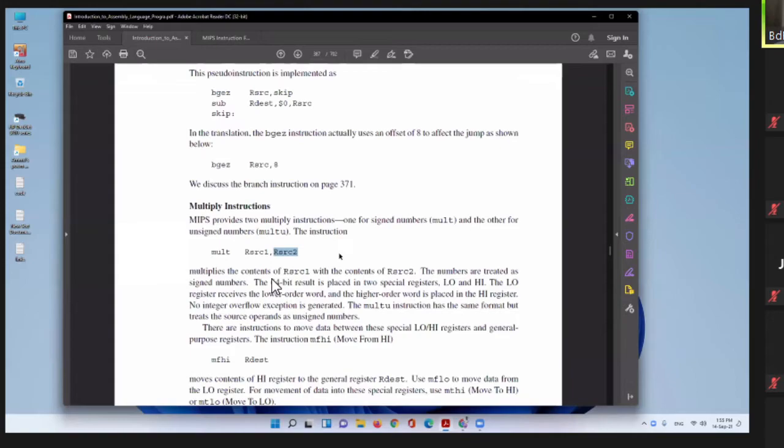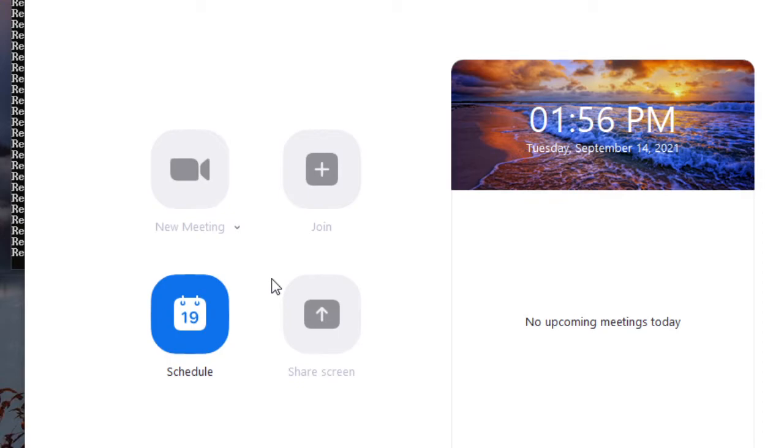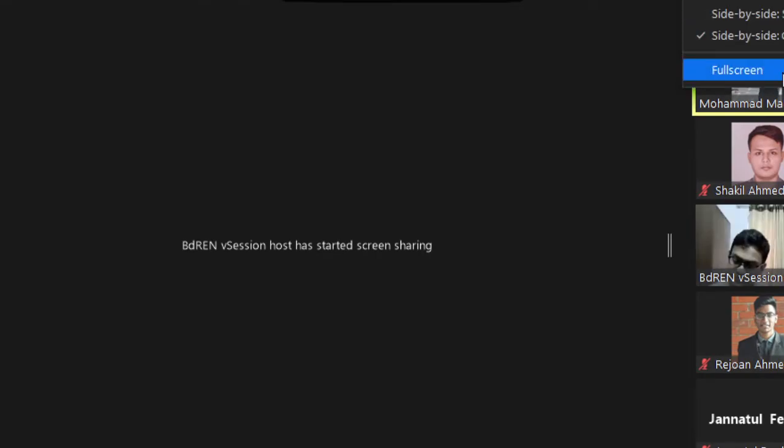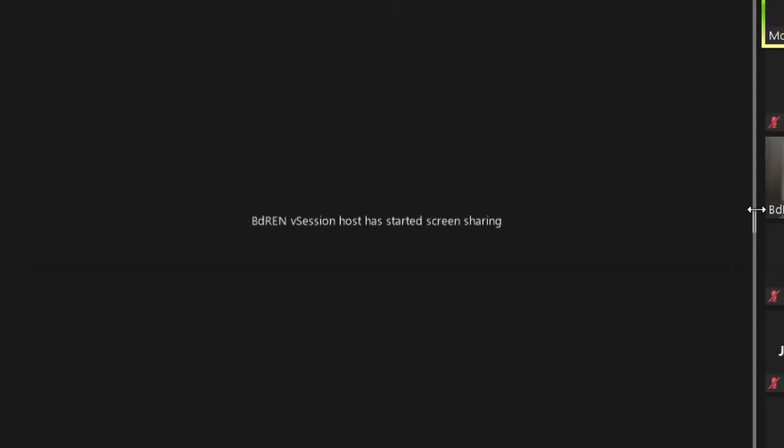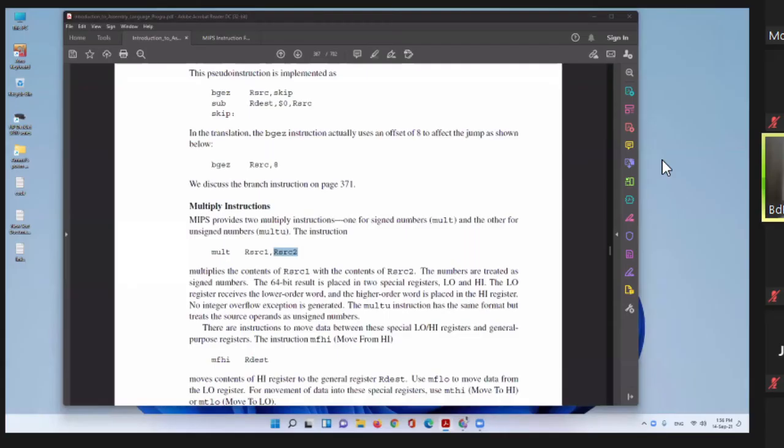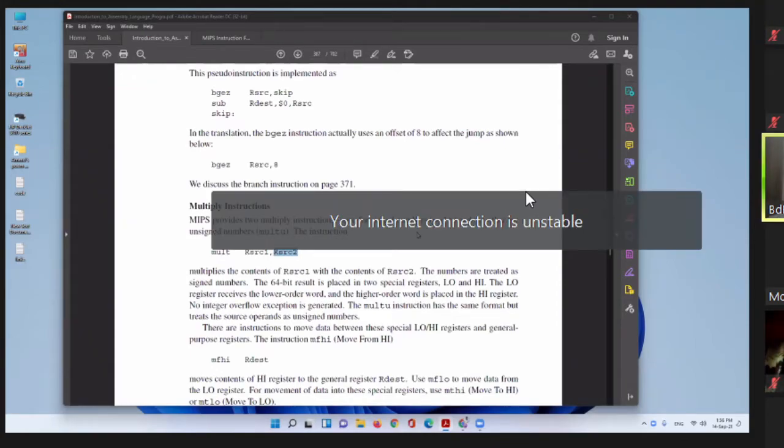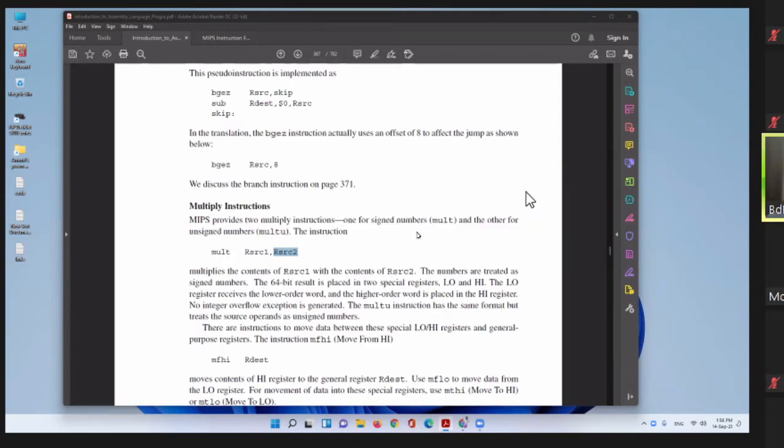What did we do? You don't remember about the multiplication? Whenever you do 8-bit by 8-bit multiplication, how do you store it into the result part?